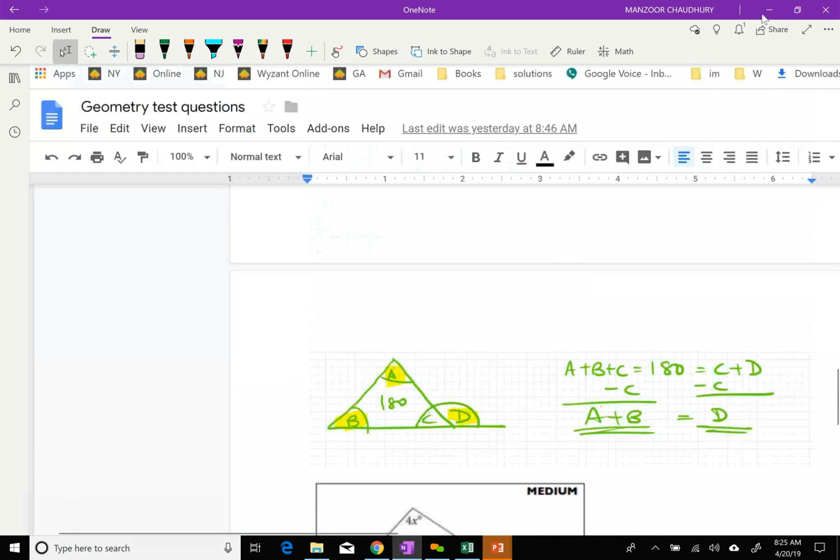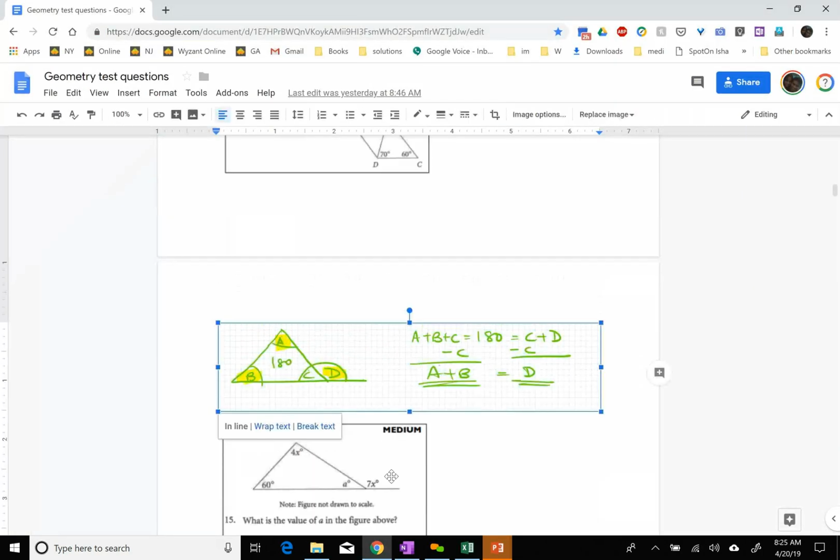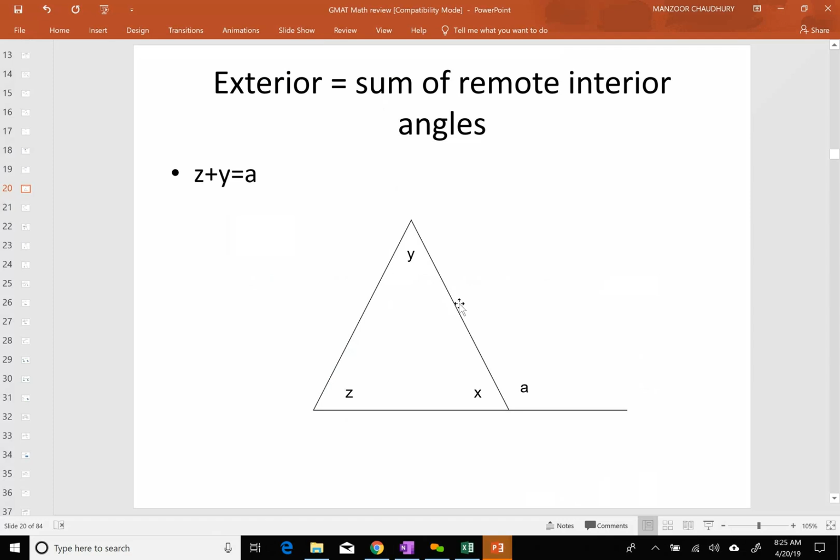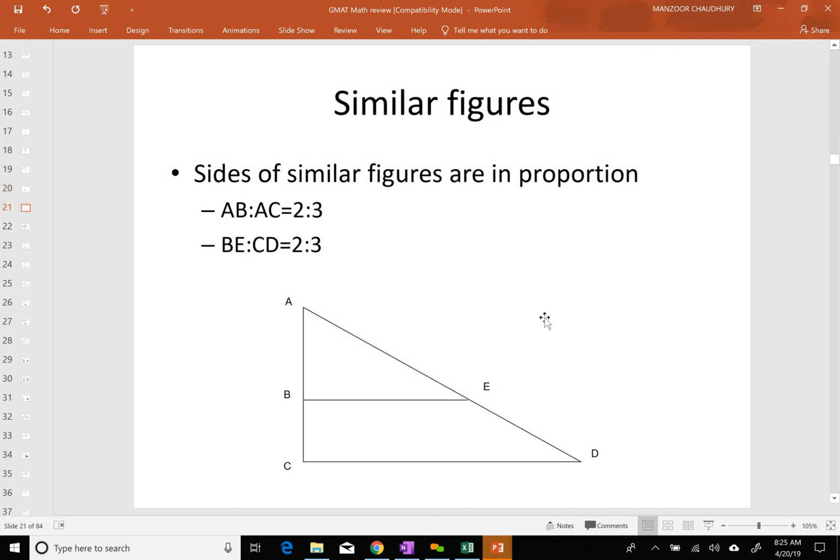Let's move on. We got this concept. Let's go back to the presentation. Now, similar triangles. When two angles are equal, automatically the third angle will also be equal, because the total is 180.